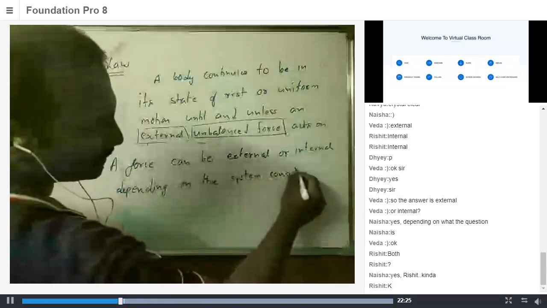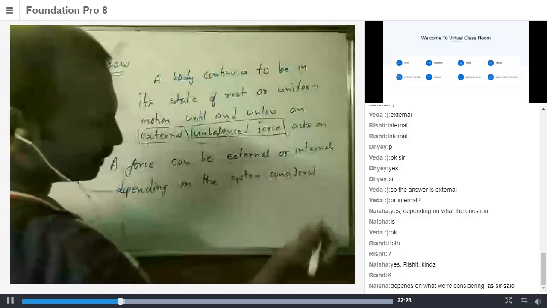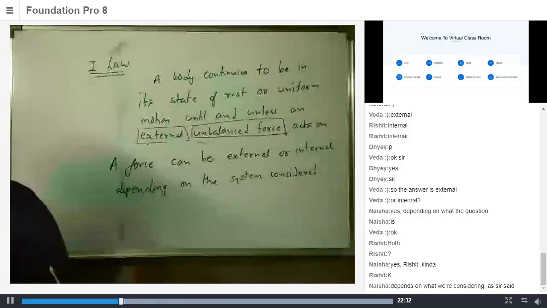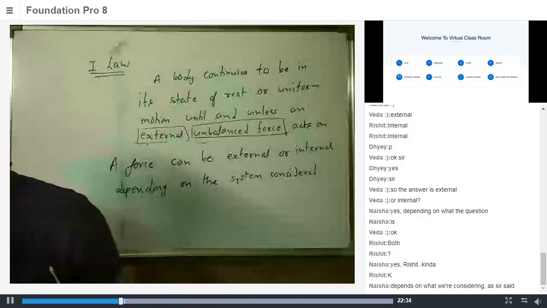That decides whether the force is external or internal. So any force can be considered as internal or external, unless and until I define a system.